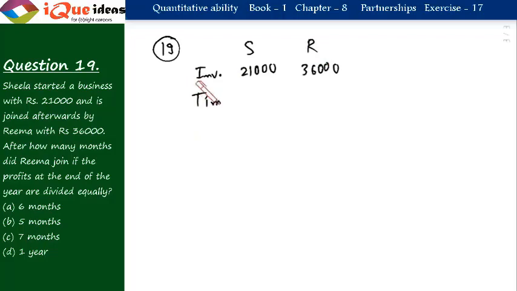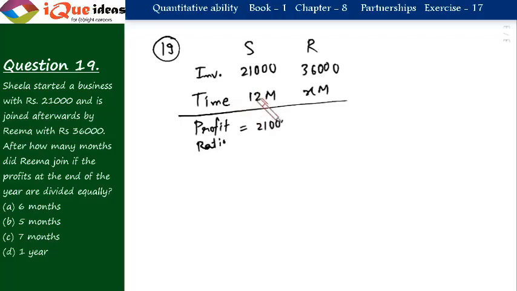So let's say Sheila and Rima, their investments are given, 21,000 and 36,000. Sheila was there in the business from the beginning. So time duration for Sheila, nothing mentioned, we'll consider the year. So 12 months. Okay. And Rima, let's say X months. Alright. So their profit ratio, you can calculate by multiplying the investment and time.